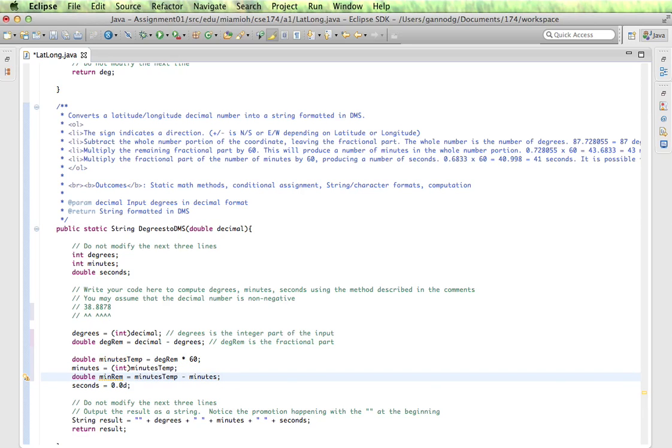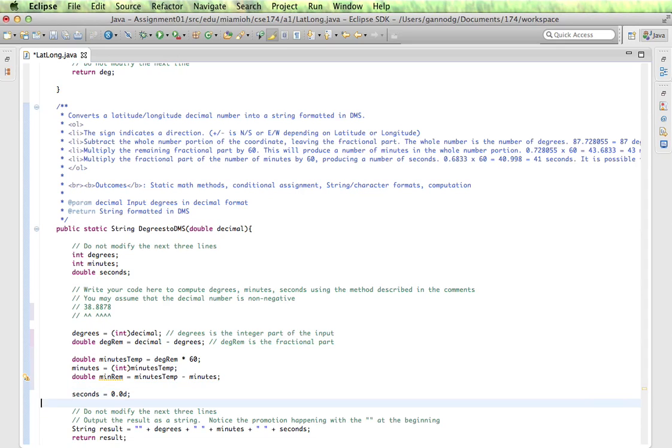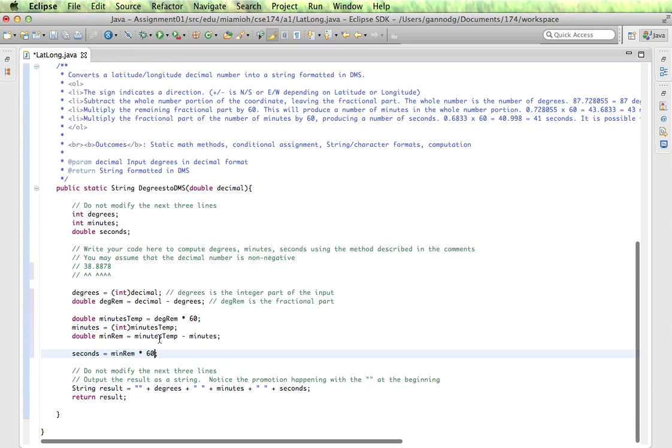Now I'm going to use that number to compute the seconds. So it says here the fractional part of the number of minutes by 60. So I want to multiply the fractional part by 60, and that's going to produce the number of seconds. So I'm just going to say min remainder times 60 for seconds.